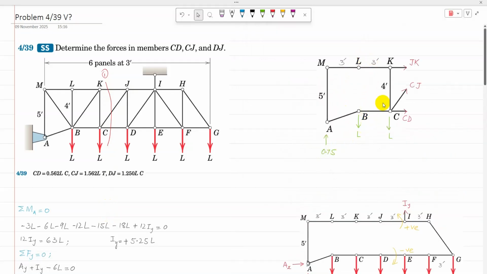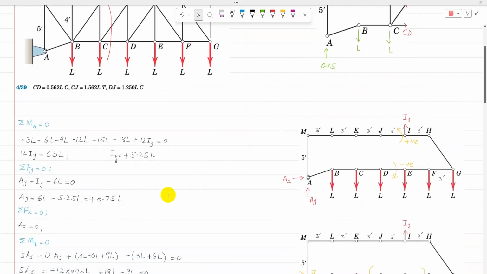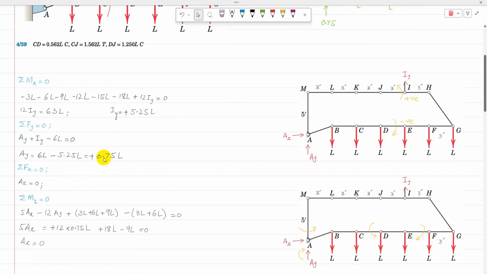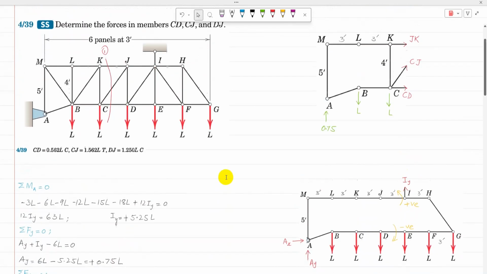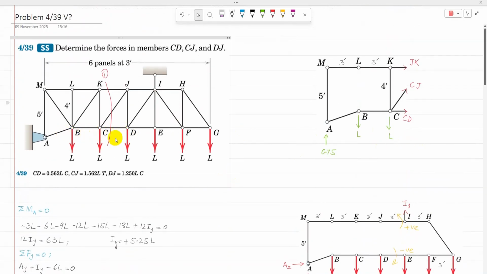The free body diagram of the left section is drawn here. At A, the load Ay is acting vertically upward, as I have calculated it to be 0.75 L, and the two loads at B and C are acting vertically downward. JK is in tension, CJ is in tension, and CD is also in tension.